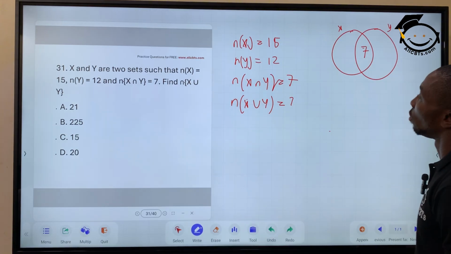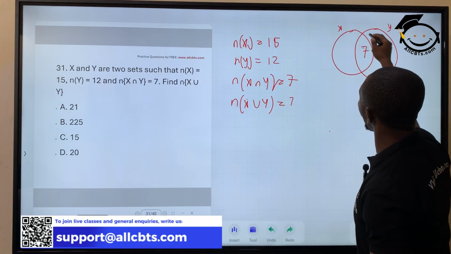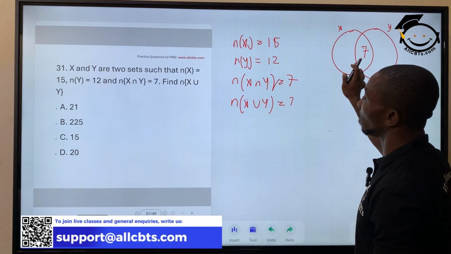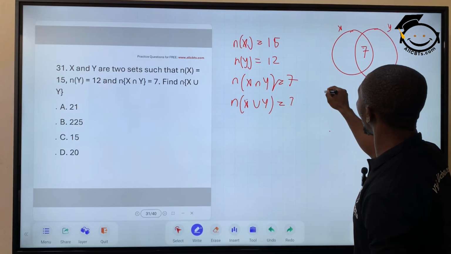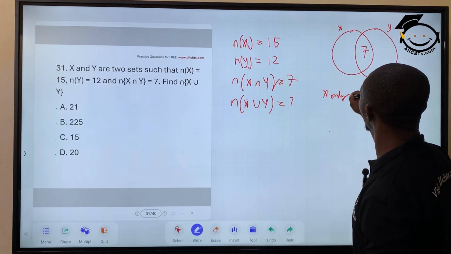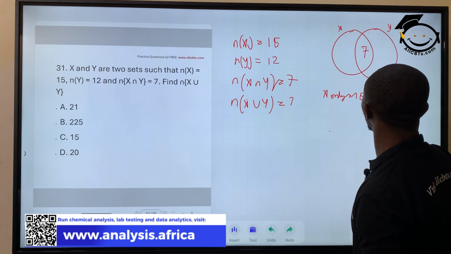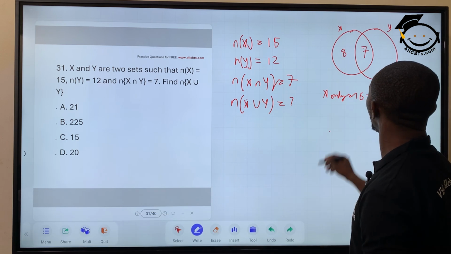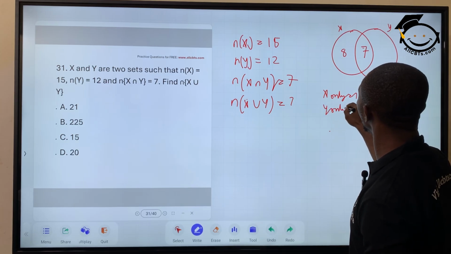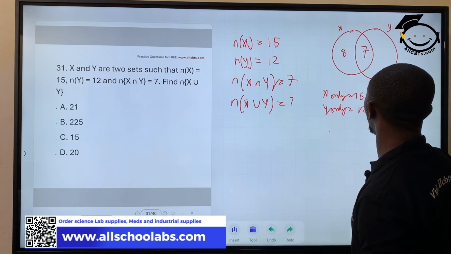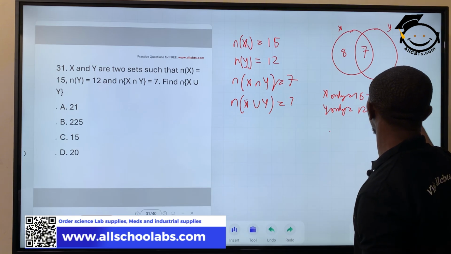Since for x there are a total of 15, x only will be 15 minus 7, which is 8. And y only will be 12 minus 7, which is 5.